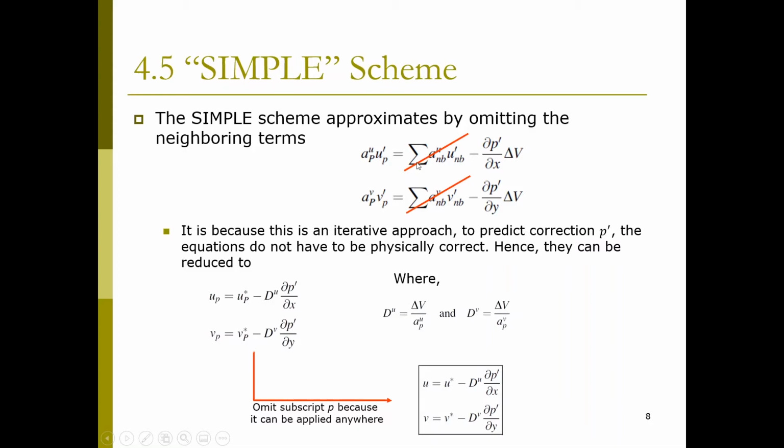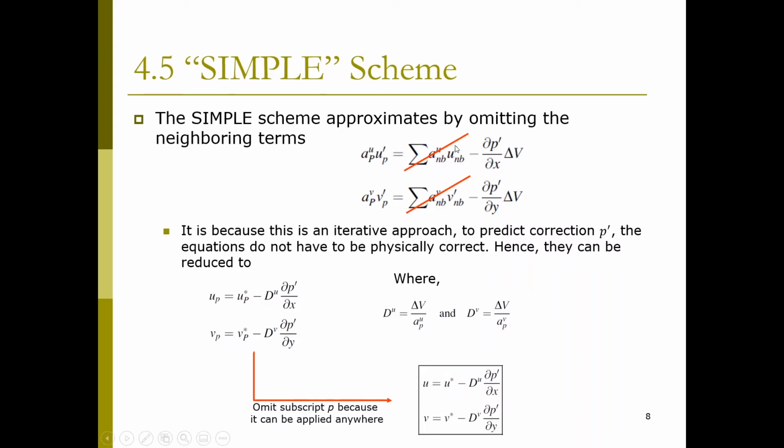But we just want to simplify it so that we can use the iterative approach to solve this. So actually, it's not really that important for the iterative approach because eventually we will get the value that is quite close to the one that is physically correct.